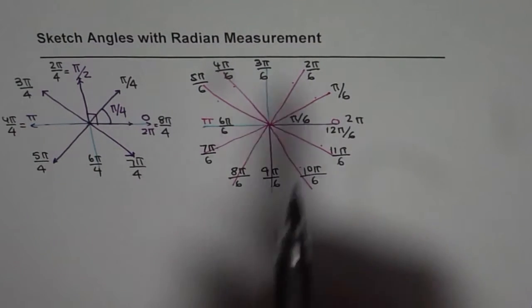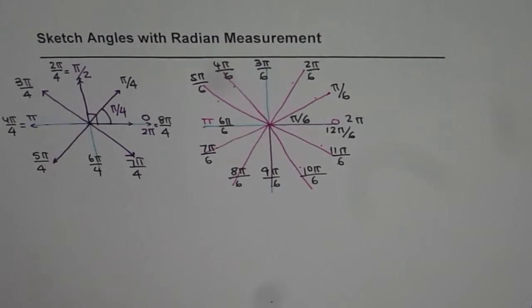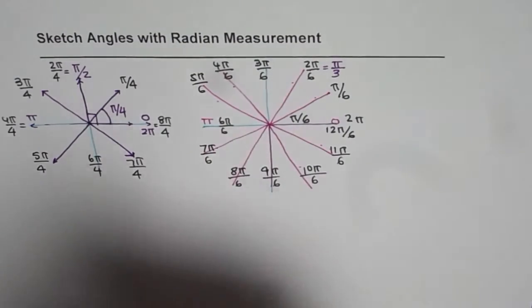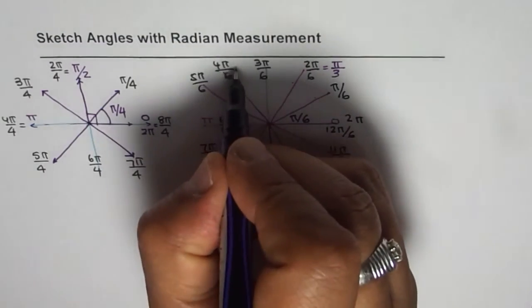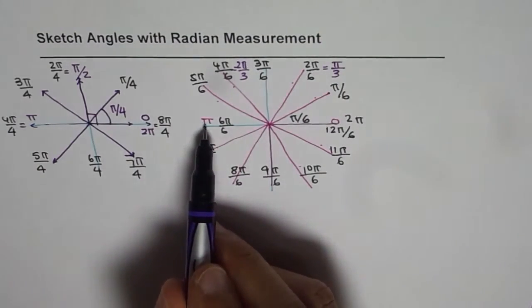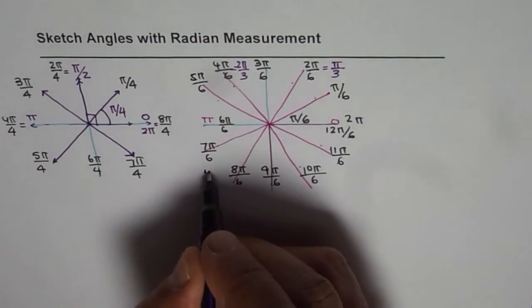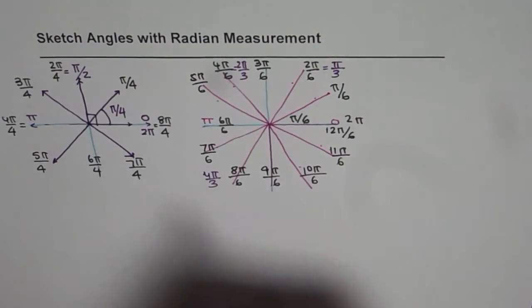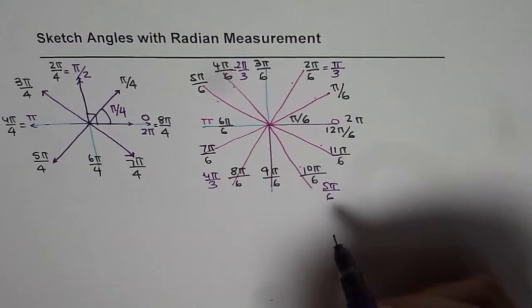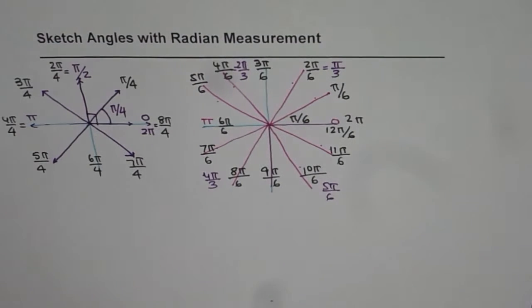Now 2 pi by 6 is as good as pi by 3, so this is your pi by 3. Similarly this one is 2 pi by 3. This could be said as 3 pi by 3. And here we have 4 pi by 3. This one is 5 pi by 3, and then 6 pi by 3 will give us 2 pi. So this set of angles can represent multiples of pi by 6 or pi by 3.